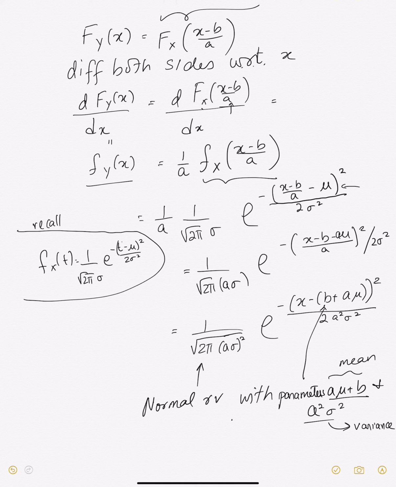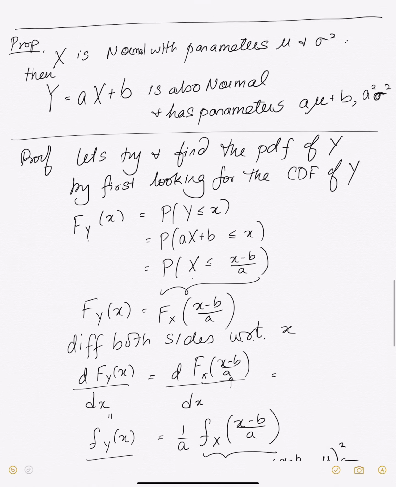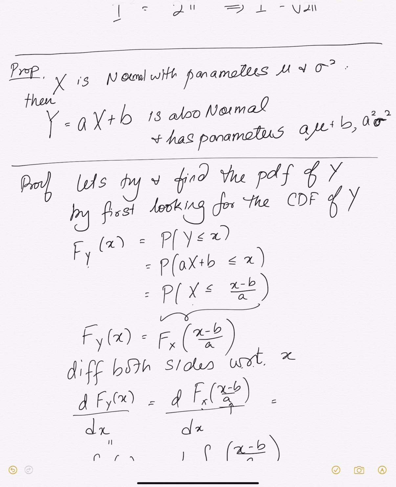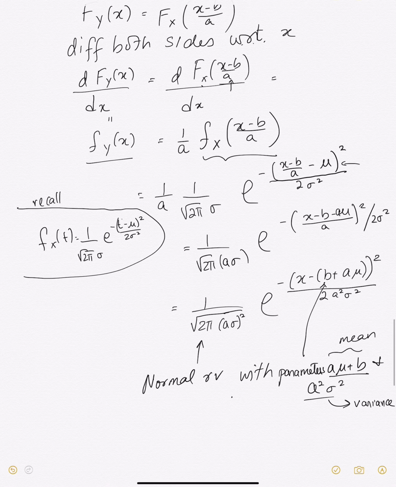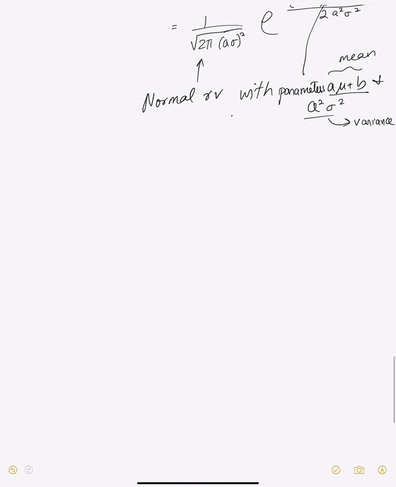So we've seen that if you have a random variable with parameters mu and sigma squared, and you scale and shift it, you also have a new normal random variable, and the parameters get scaled and shifted according to this formula. Now let's take a random variable with parameters mu and sigma squared and find out what its mean and variance are. Then this whole thing that I keep doing, calling this the mean and this the variance, will be justified.